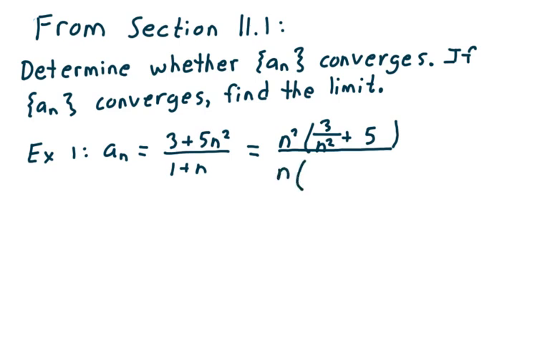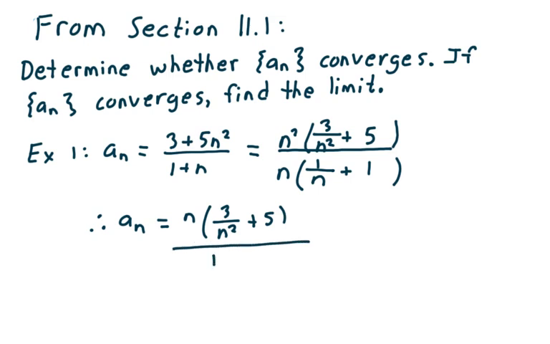So I'm going to factor out the n, and then take every term and divide by n. So I get 1 over n plus 1. So therefore, a sub n is n times 3 over n squared plus 5 divided by 1 over n plus 1.